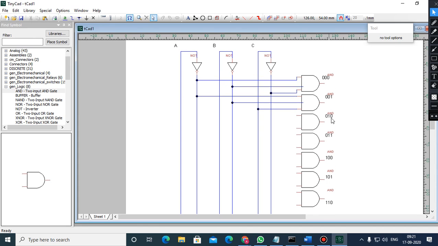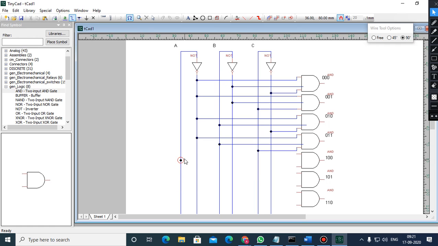So this one is 010. So if it is 010, this one is 0, this one is 1, and this one is 0. This is 011, so it is connected with 0, and this one is connected with 1, and this one is also connected with 1.